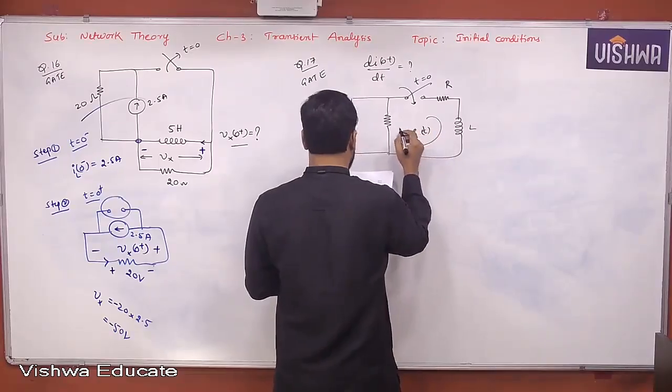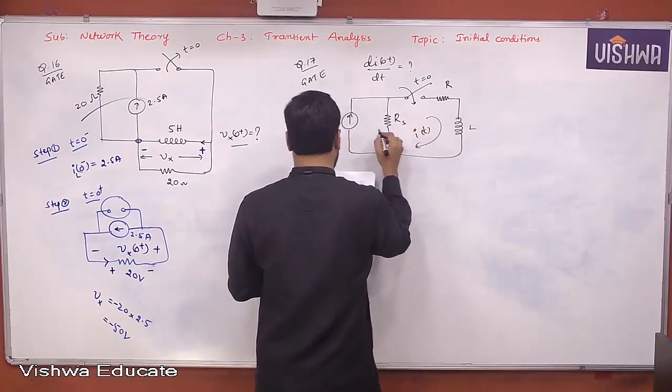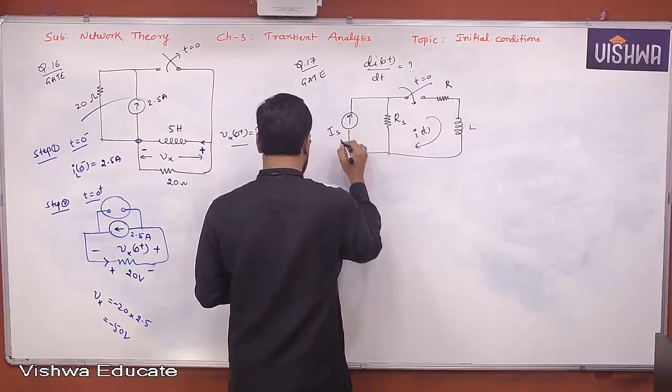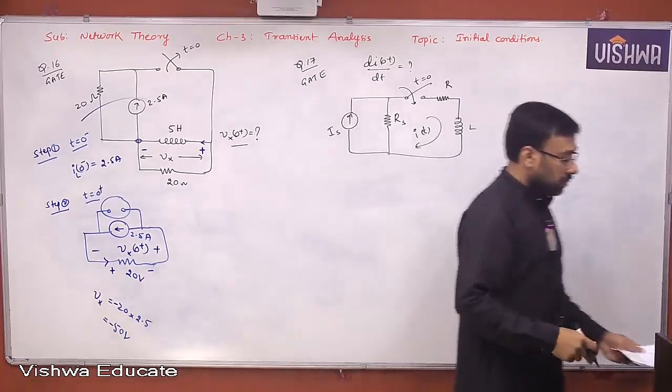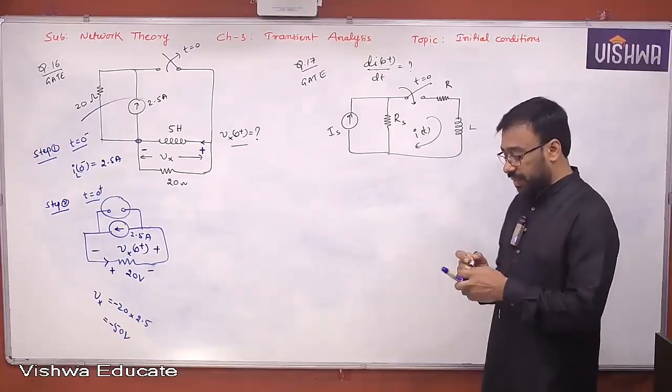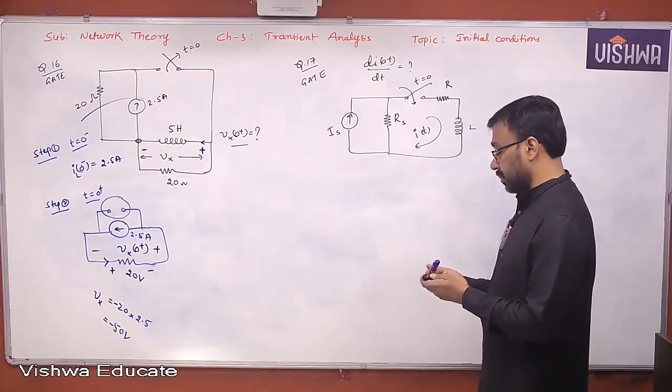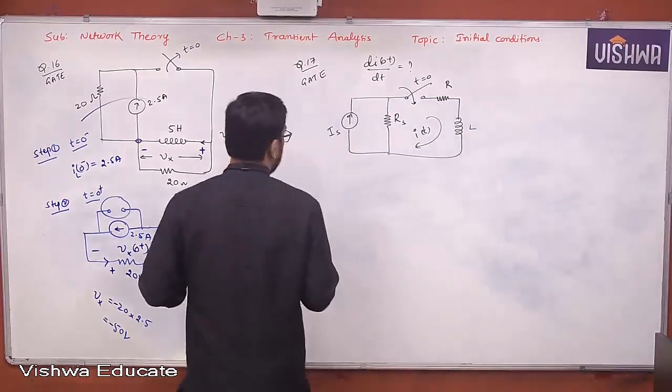This is Rs, this is Is. Four options are given, okay? Di of 0 plus by dt.